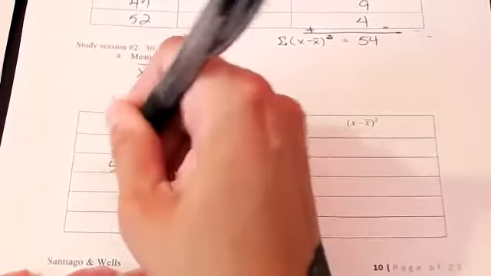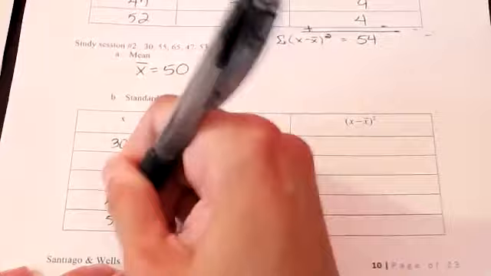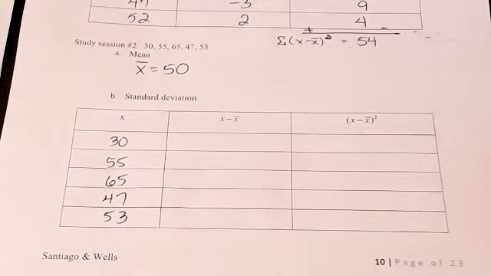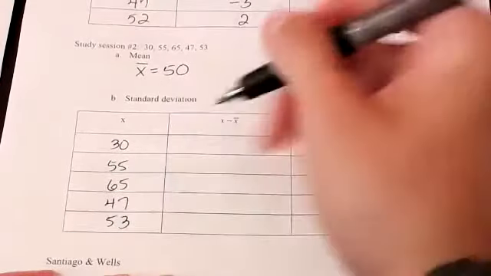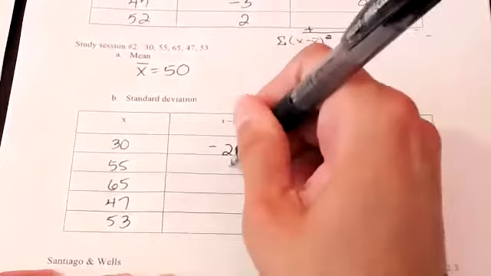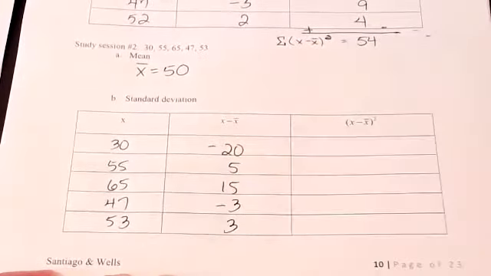The next thing we're going to do is list each of our raw data values. We want to be really careful as we do this, to make sure that we're not accidentally writing the wrong digit. Your next column is the raw data value minus the mean. So we have negative 20, 5, 15, negative 3, and 3.